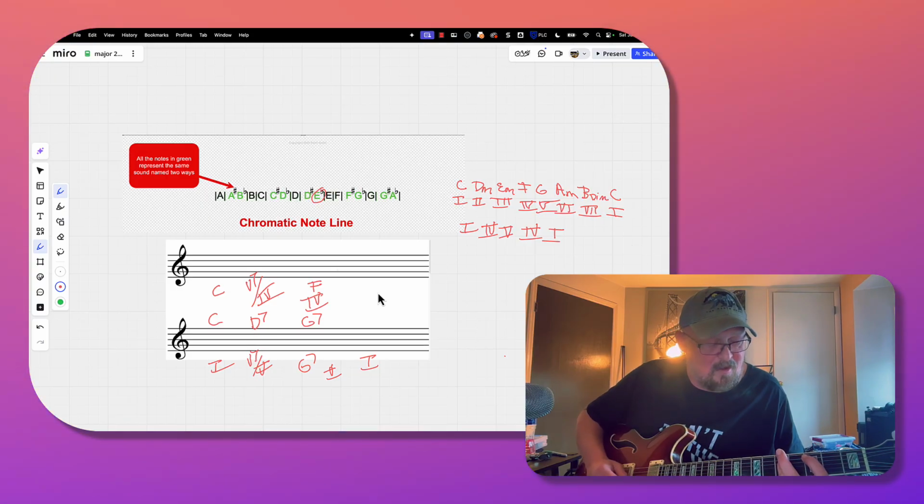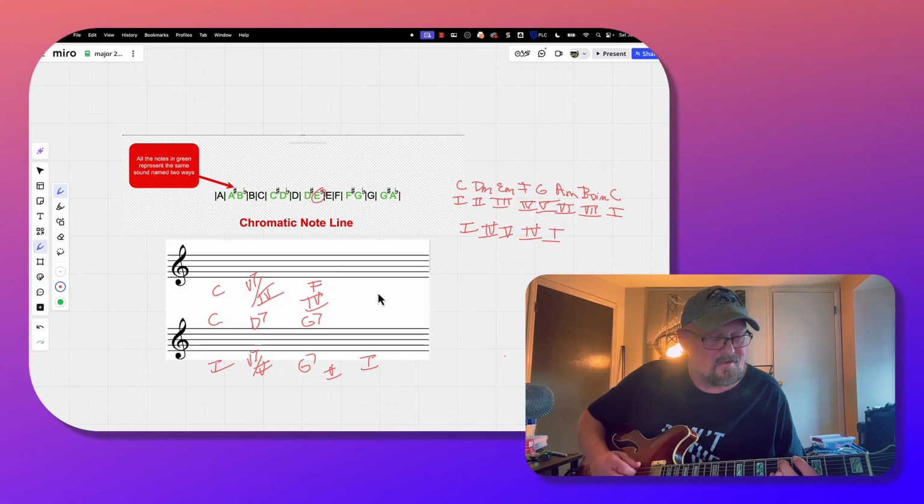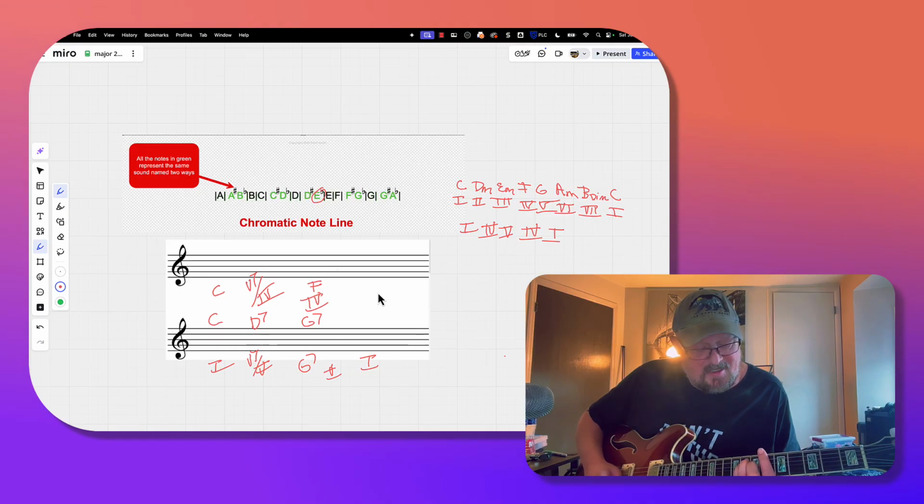So you got 1, 5, 7 of 6 to 6 to 2 to 5 to 1. So if we're in B flat and we go, okay, well, my target chord is G minor, but it first goes to 5, 7 of that.